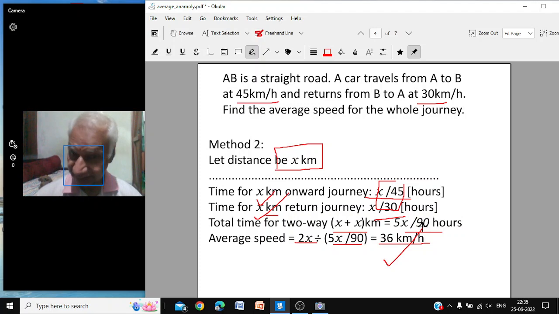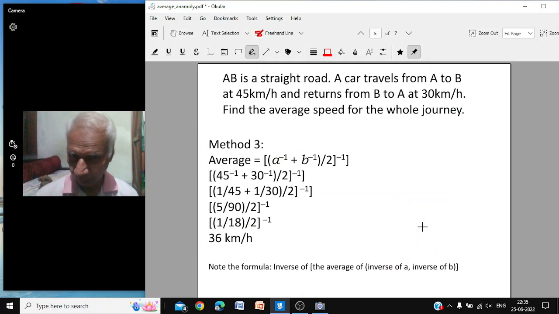And now method 3. Probably no one will use this method, but it will give you an insight into why the usual formula, A plus B by 2, is not applicable. Why we cannot say A plus B by 2 for one speed A, one speed B?